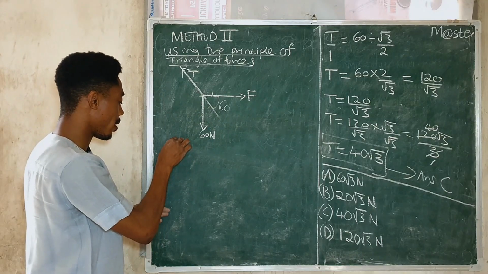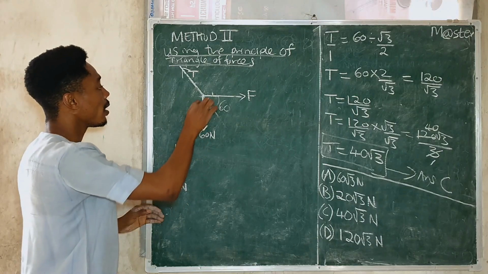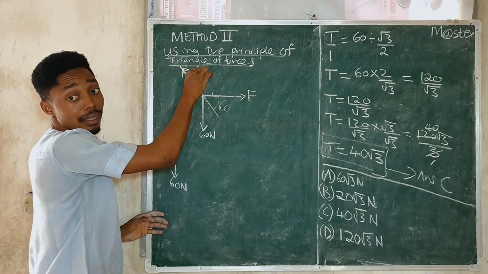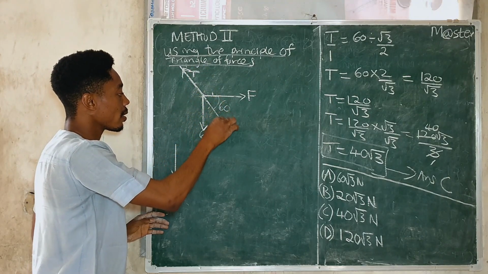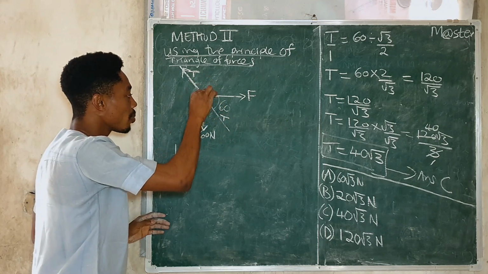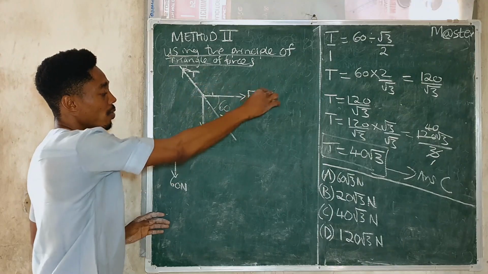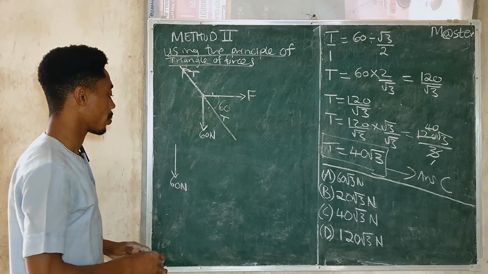So I have, this is my 60 Newton. The magnitude of this force T is the same as this force. So this is T in extension because it's in equilibrium. This T is like the resultant of F at 60 Newton can be taken in that direction.